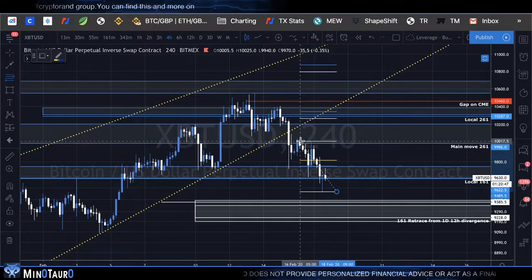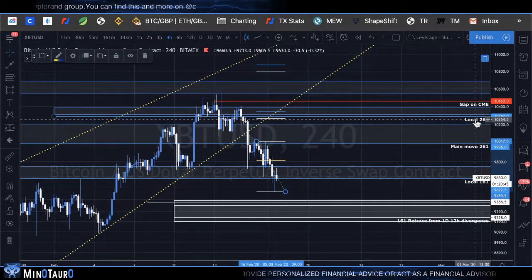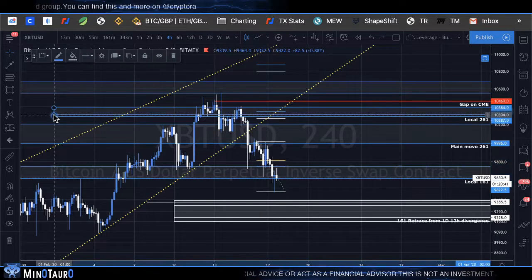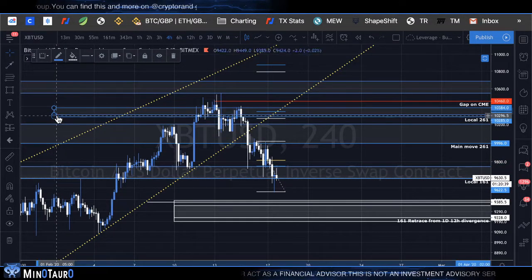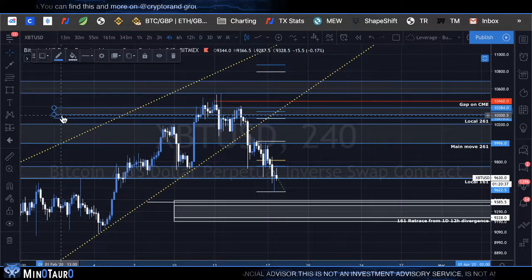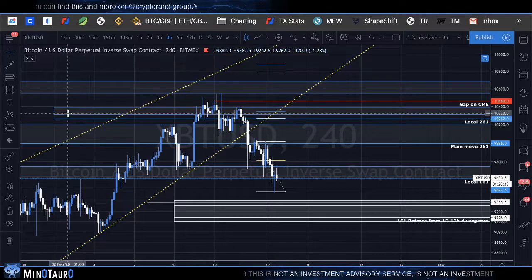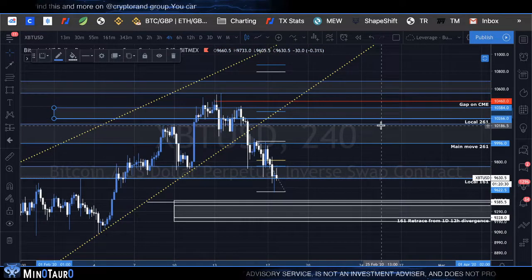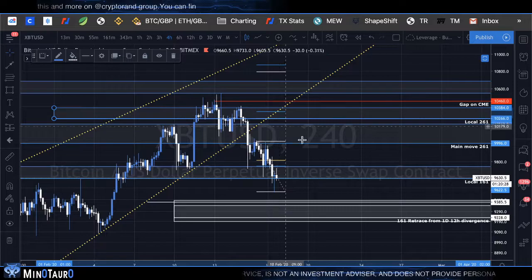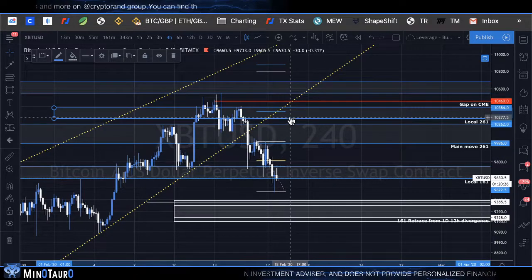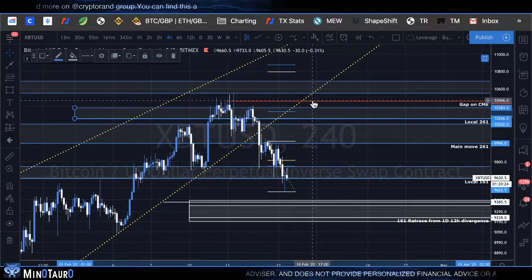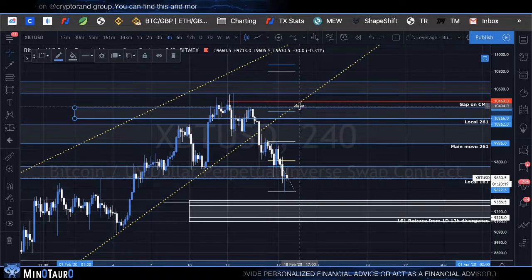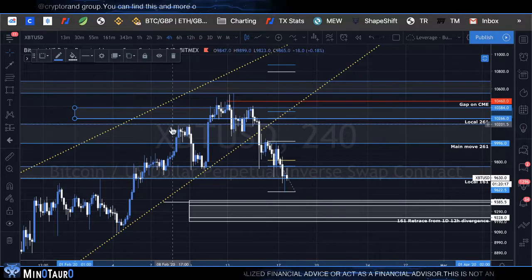So this is the extended 161, that is also the local 261, that is also the 261, okay, in this case, that is also near the gap for the CME, okay, that is also near the retest of the wedge, okay.